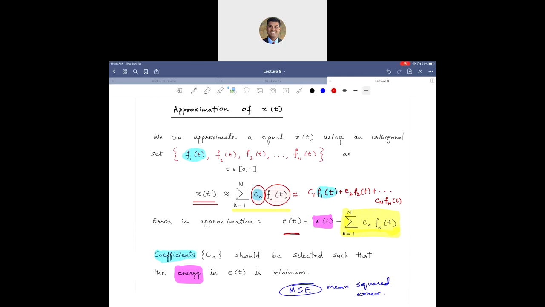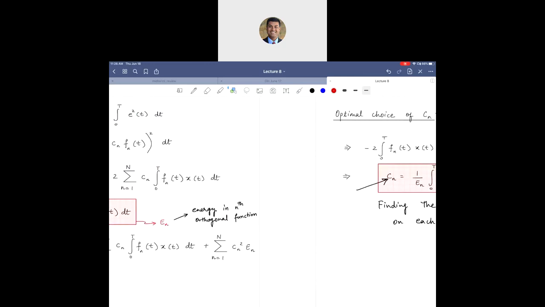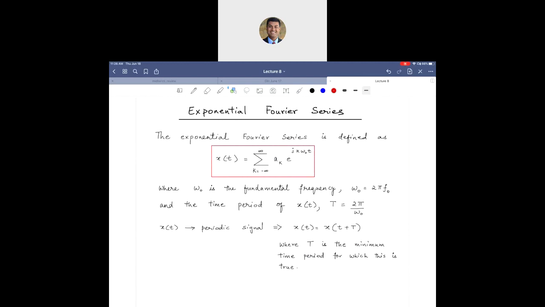That's exactly what we are going to do here. Because we have proved that the complex exponentials are an orthogonal set, we have the complex exponentials as our f sub n of t in this case. Right now we are using the variable k instead of n. So f sub k of t is e to the j k omega naught t, where k goes from negative infinity to infinity.